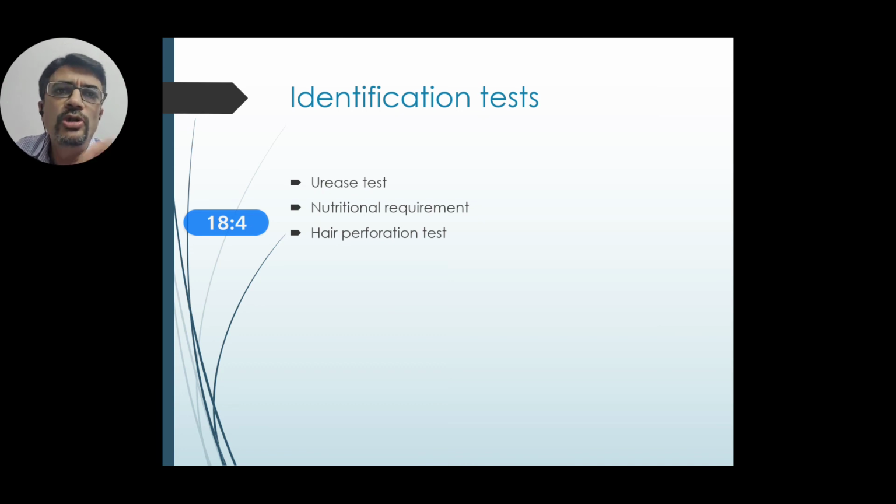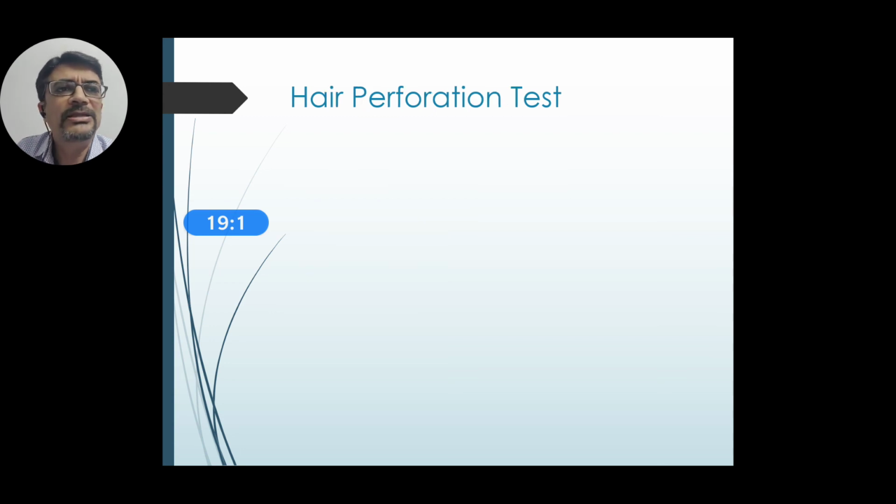When you grow the fungus in presence of hair of a healthy human being, usually infant hair is taken, it is not from the patient. So if that hair is kept along with our fungus, if fungus is able to penetrate inside the hair, then hair perforation test is positive. If it fails to invade the hair, then hair perforation test is negative. You can understand it very clearly by this picture.